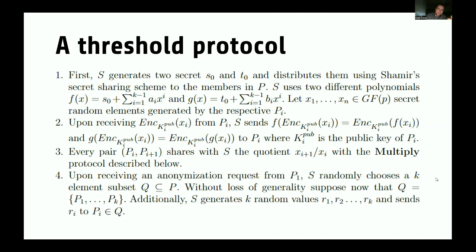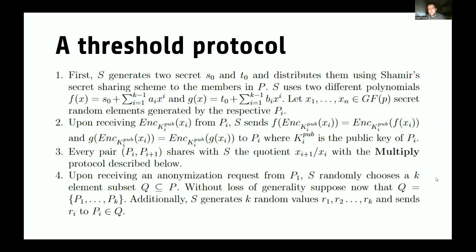So the participants cannot know the polynomial, and the server doesn't know the x values. This is the first tricky part, because we have to calculate the value of the polynomial on these x points. But the server knows the polynomial and not the x values, and the participants know the x values but not the polynomial.